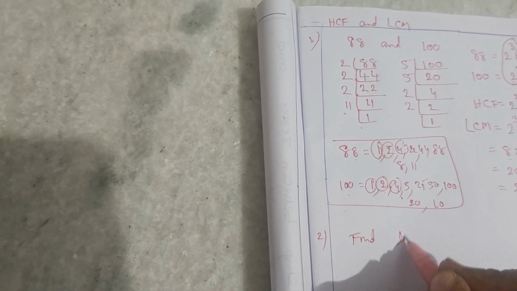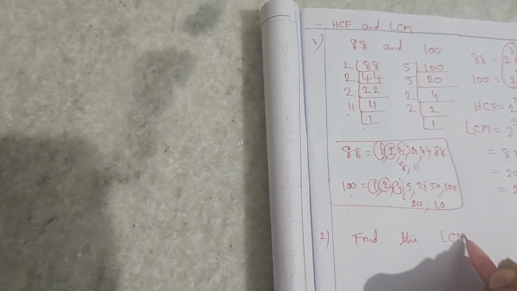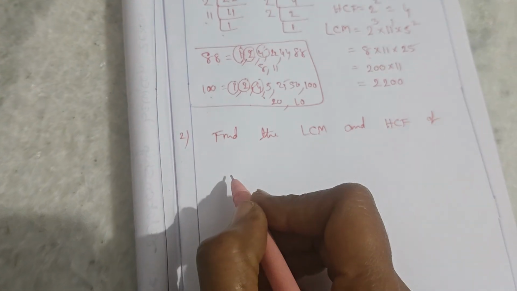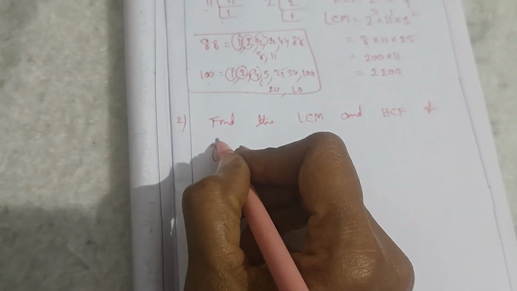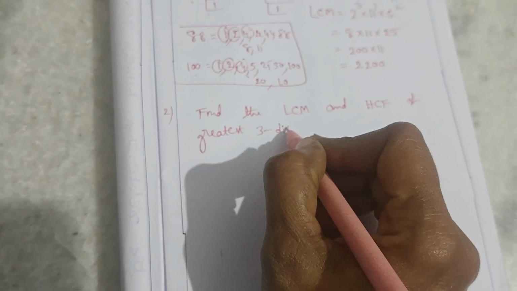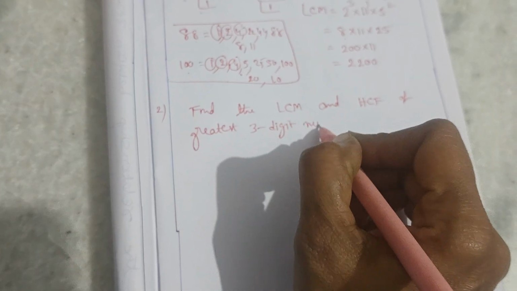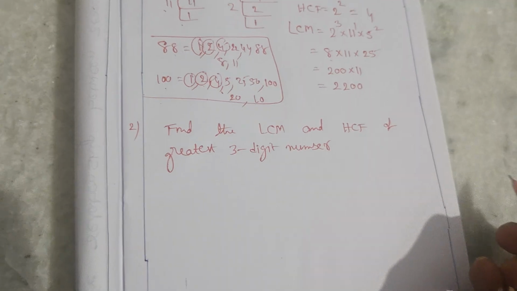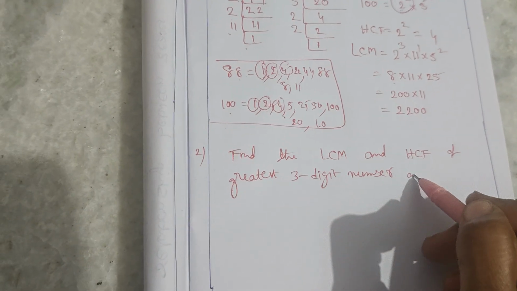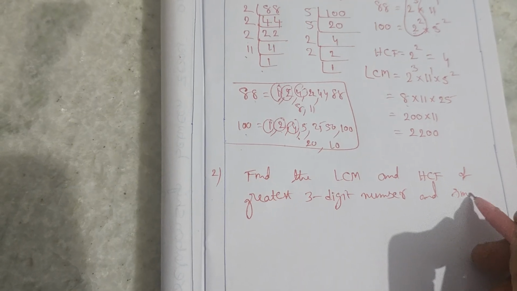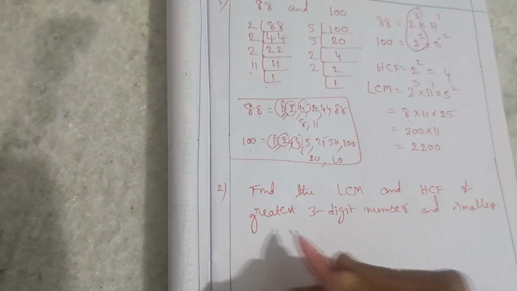Find the LCM and HCF of the greatest 3-digit number and the smallest 3-digit number.